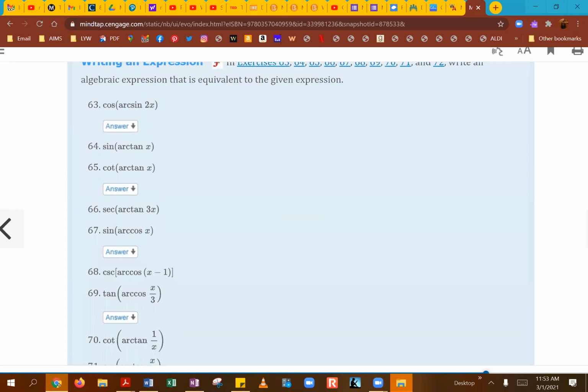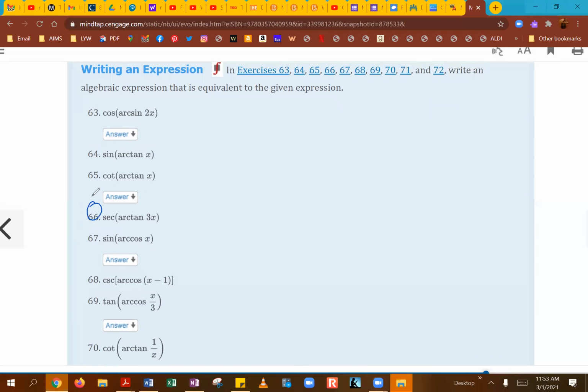Number 66. This one is getting a little bit more generic because now instead of giving you a number, we have 3x as the value inside our parentheses. So let's take a look at this guy. So they are asking us to write an algebraic expression. Let me bring this guy down. So they're saying write an algebraic expression that is equivalent to the given expression that we have here.